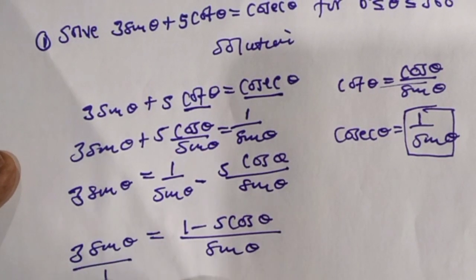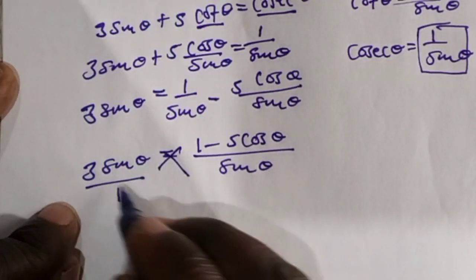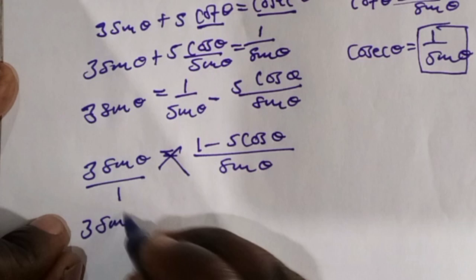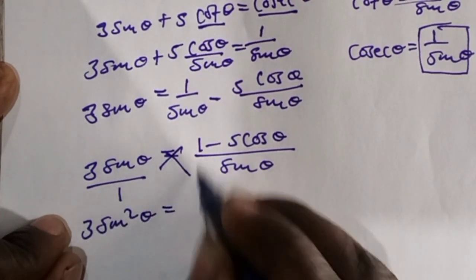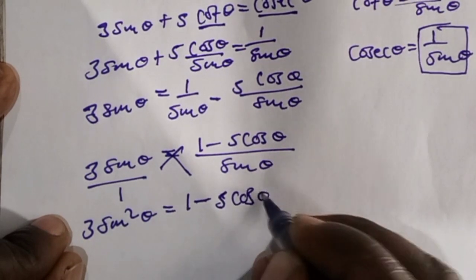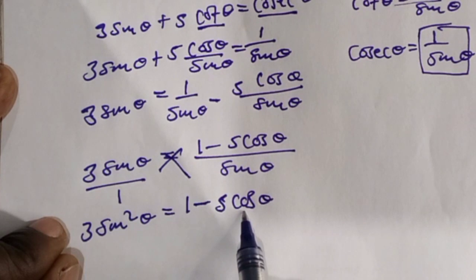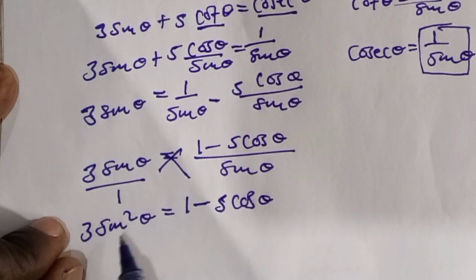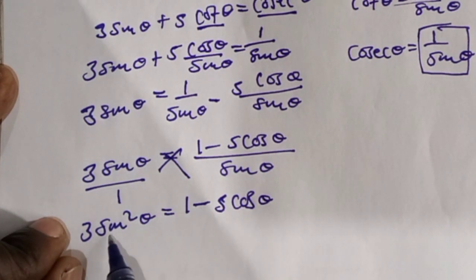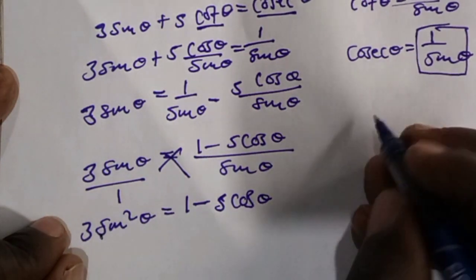Then you cross multiply: sine theta times 3 sine theta is 3 sine squared theta, which equals 1 minus 5 cos theta. We have different terms, sine theta and cos theta, so we have to make the variables the same.